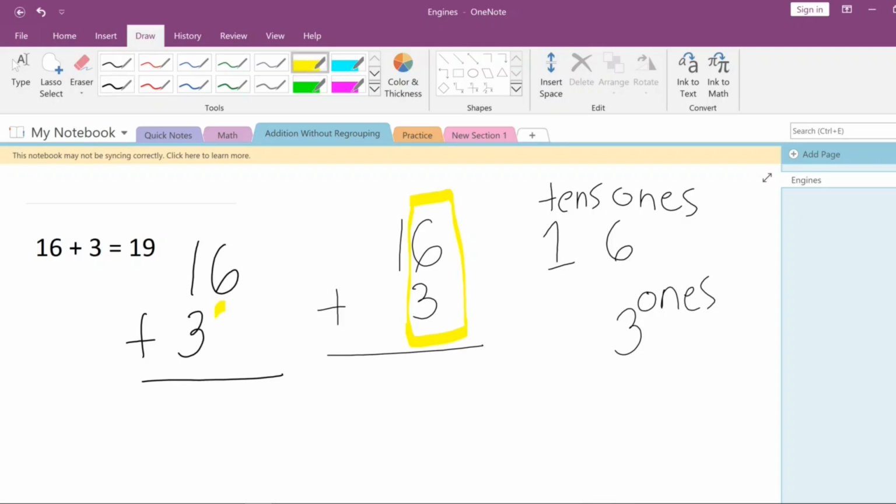Look at this. It's empty. So 6 plus nothing equals 6. And then 1 plus 3 equals 4, so we get 46. The answer is actually wrong. So it's very important to align the numbers when you write them this way.